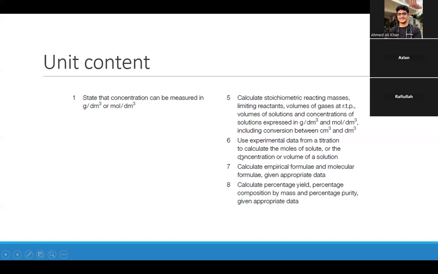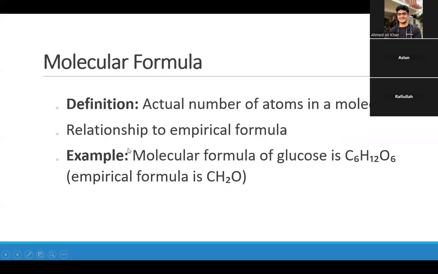So let's define molecular formula. The molecular formula is the actual number of atoms in a molecule, and it has a relationship to the empirical formula. For example, if you have a molecule of glucose, the molecular formula will tell you how many of each type of atom exist in that molecule.